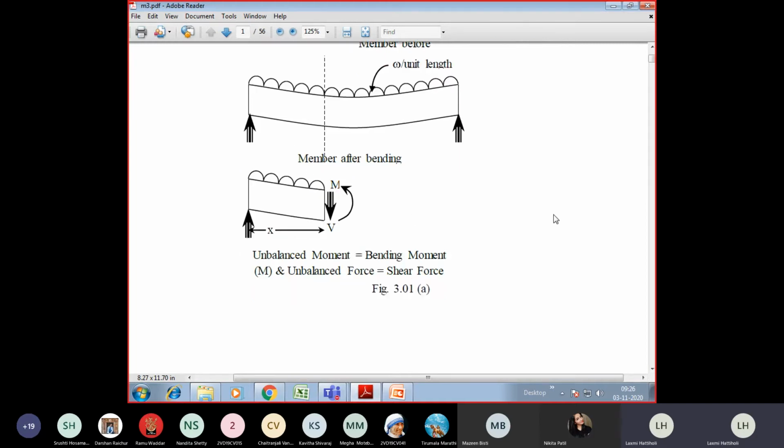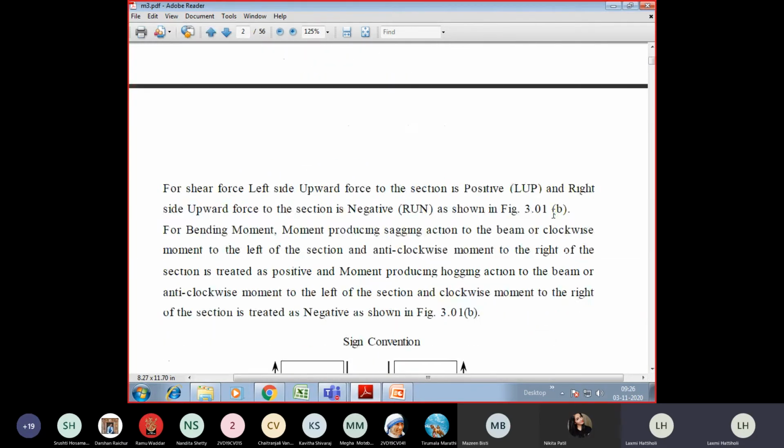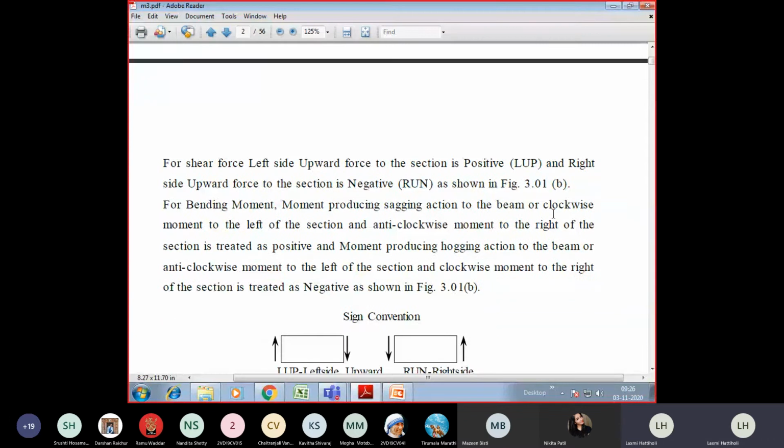Okay. Now, to draw this bending moment diagram and shear force diagram, you need to follow some sign convention. In the sense, like for taking equilibrium, how did you take the sign conventions? Upward force positive, downward force negative, clockwise positive, anti-clockwise negative. Is this the sign convention which you have followed? Yes.